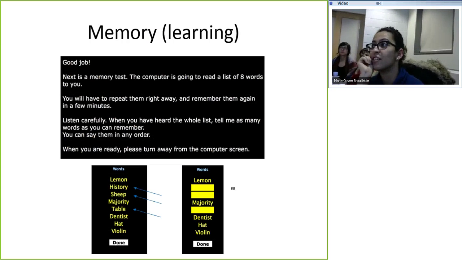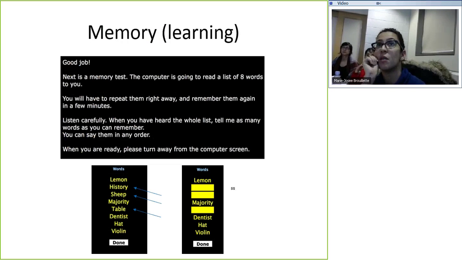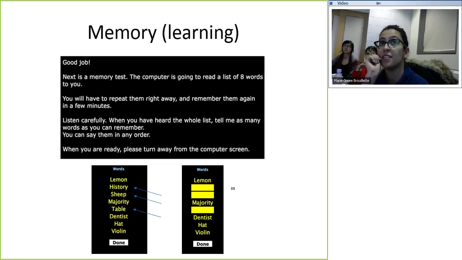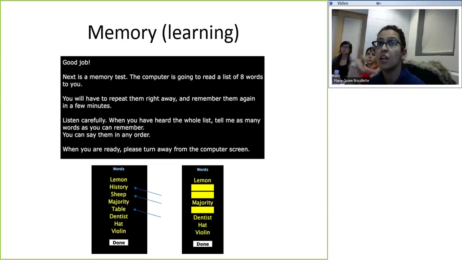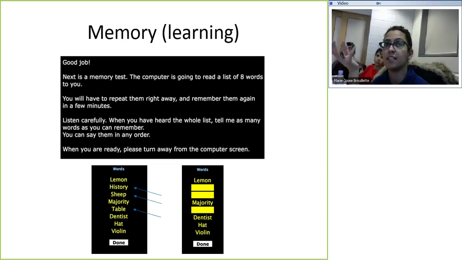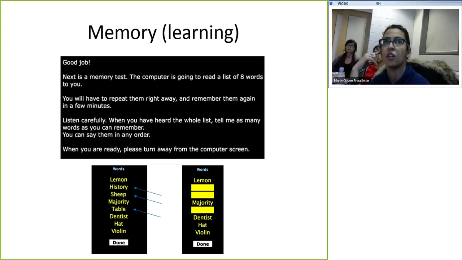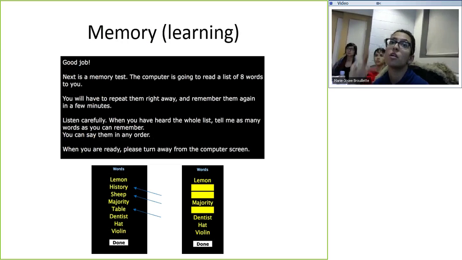The second one is a memory test. It's 2 parts. The first part is the learning. The computer says a list of 8 words to the participant. The participant doesn't see the words, only listens to them, and then they have to repeat the words. We do this 3 times so that they learn the words.